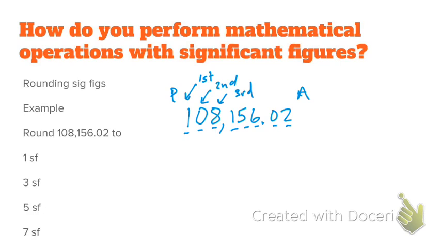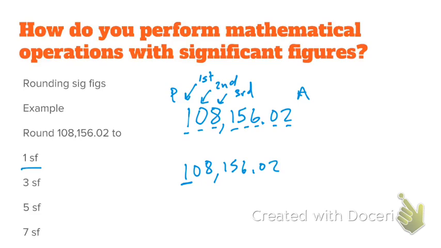Let's go ahead and do the first problem here. The first problem says round 108,156.02 to 1 sig fig. The first sig fig we want to save is this one, the furthest left.